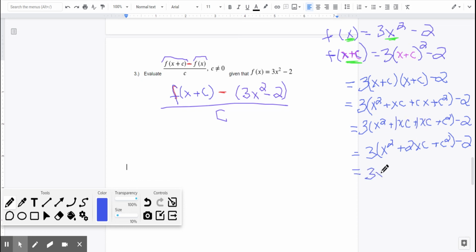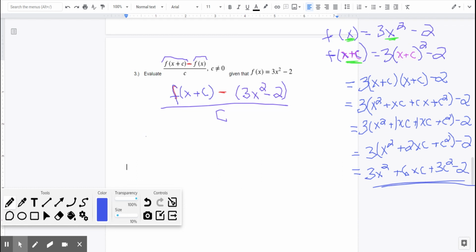Okay, now you get to distribute the 3. This really is a lot of algebra work. So those of you who enjoy algebra, you like this topic, and that's good news for you. And that's what f of x plus c is. Nothing else combined, so f of x plus c is these 4 terms.